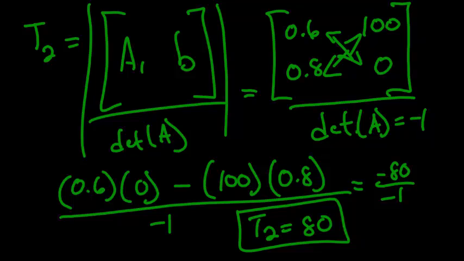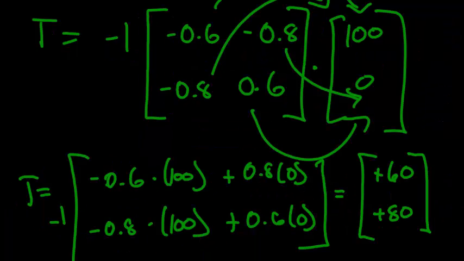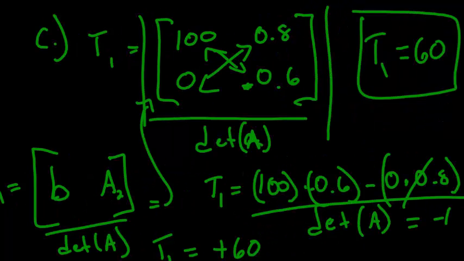So we found the same two values that we found in the previous part, 60 and 80, using Cramer's rule in a quicker manner.